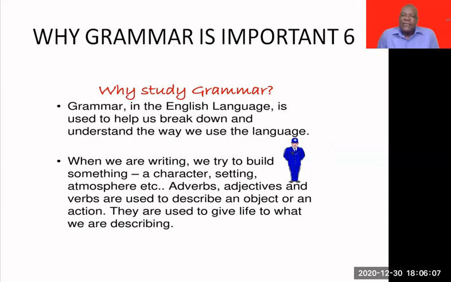When we are writing, we try to build something: a character, setting, atmosphere, etc. Adverbs, adjectives, and verbs are used to describe an object and an action. They are used to give life to what we are describing, and that is really very important. In all walks of life, language is used as a medium of communication.